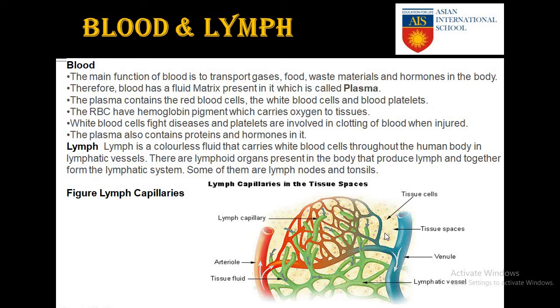Understood? The substances which are secreted go into one channel, which forms lymph. Clear? You can see that from the arteriole and venule some substances are leaking, and these substances, shown in green color, go into one channel known as the lymphatic vessel.